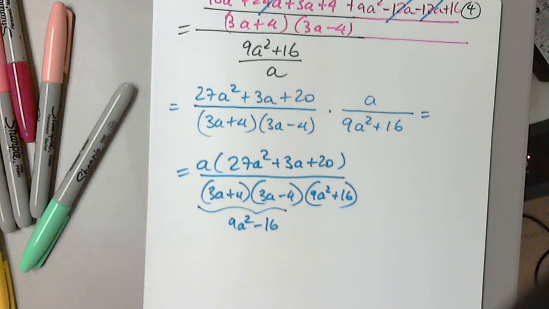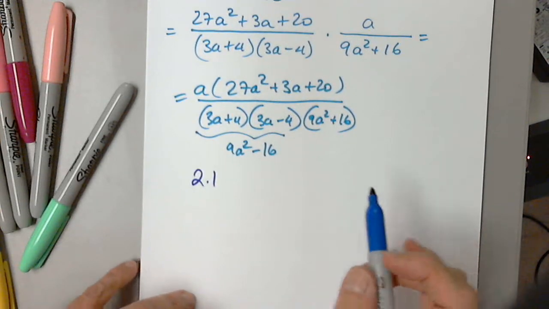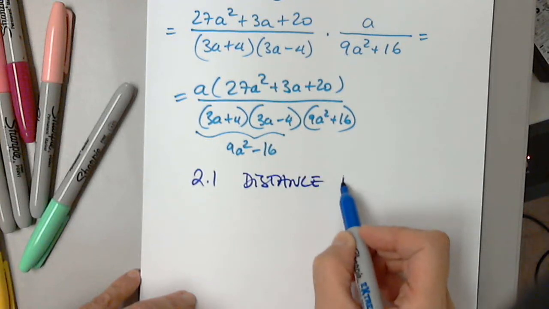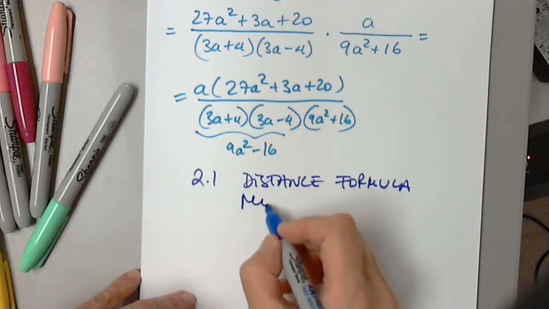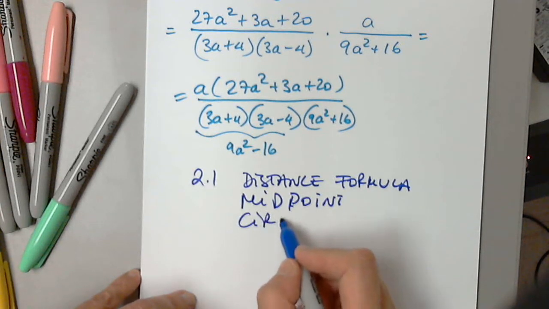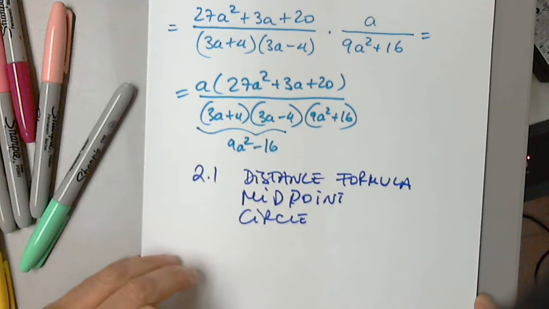Okay, so 2.1. We're going to talk about the distance formula, a midpoint, and of course the equation of a circle. So let's look at the distance formula.